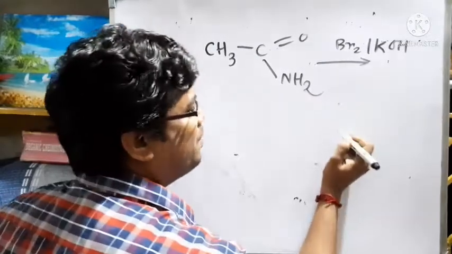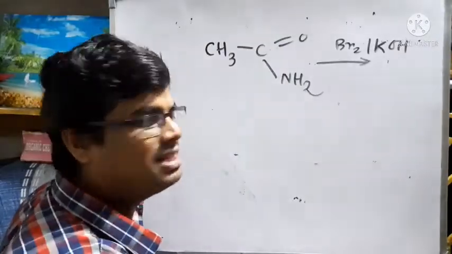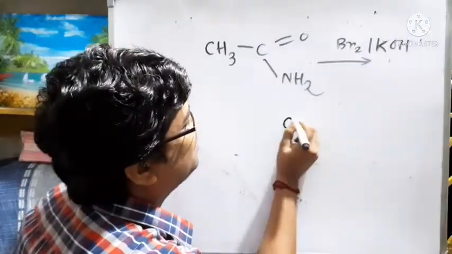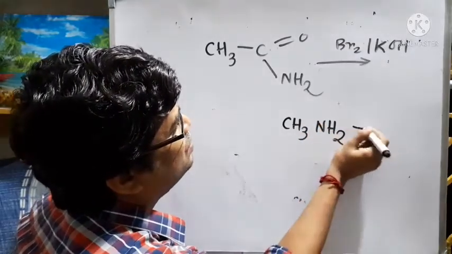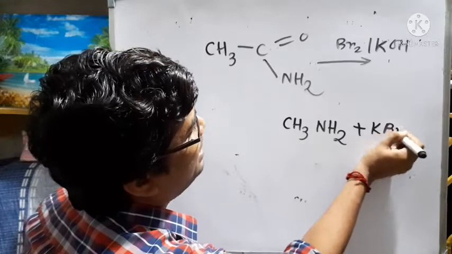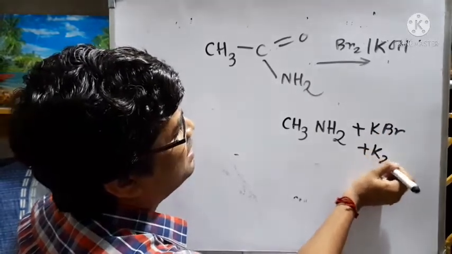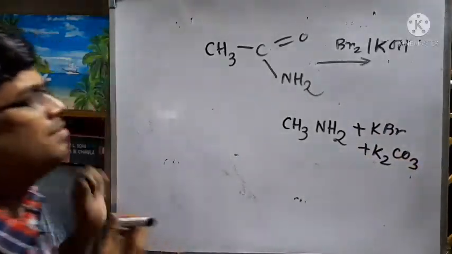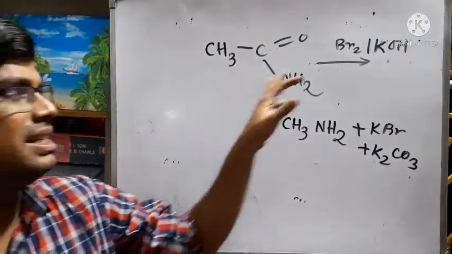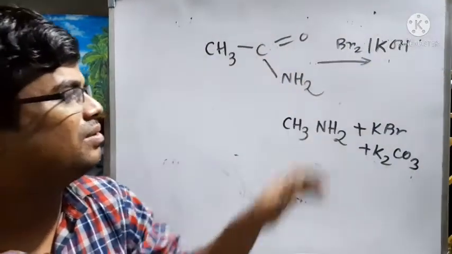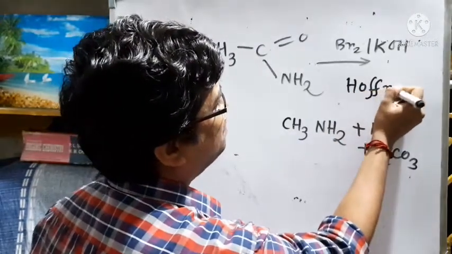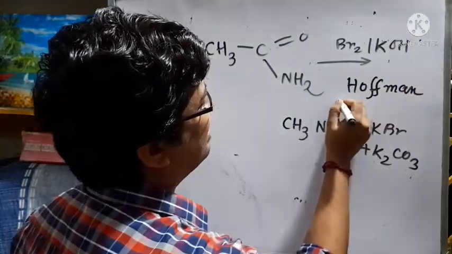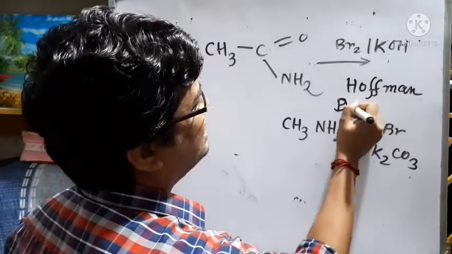It is prone to what kind of name reaction, dear friends? You know, it suffers from the Hofmann degradation reaction. CH3NH2, potassium bromide and potassium carbonate salt are obtained instead. So this acetamide responds in the Hofmann rearrangement, or Hofmann degradation reaction.